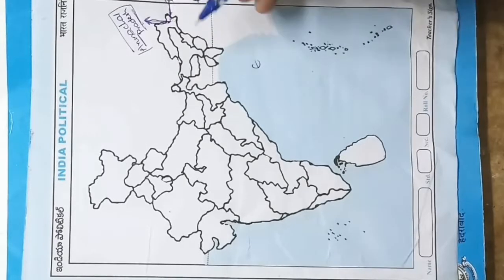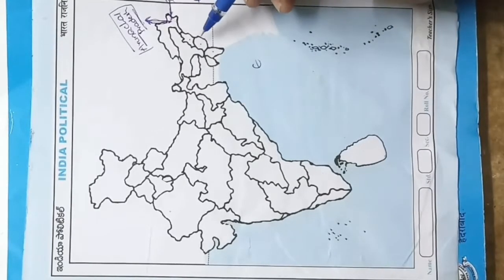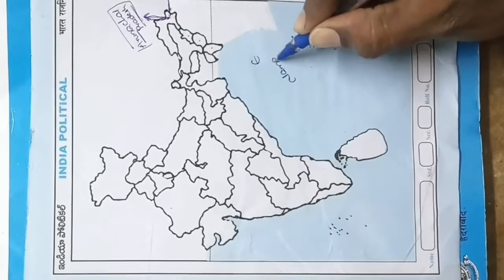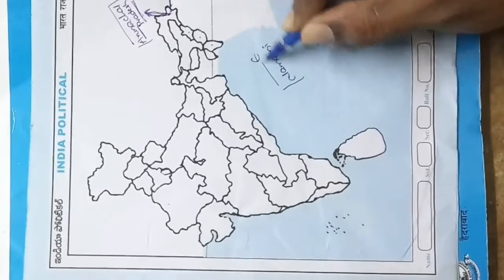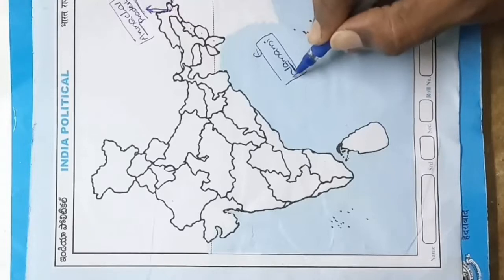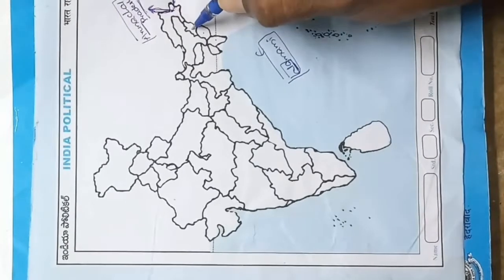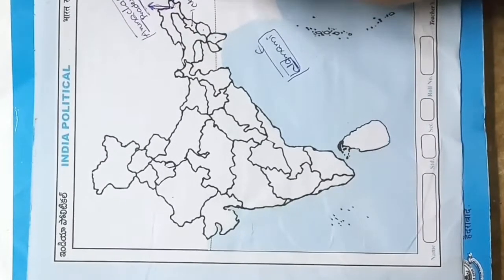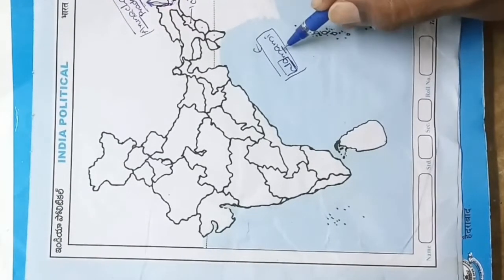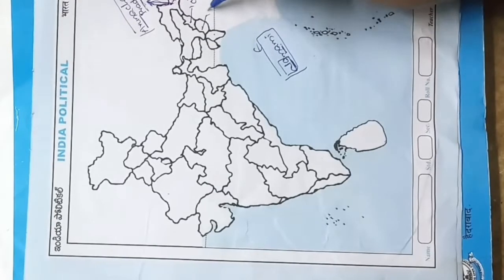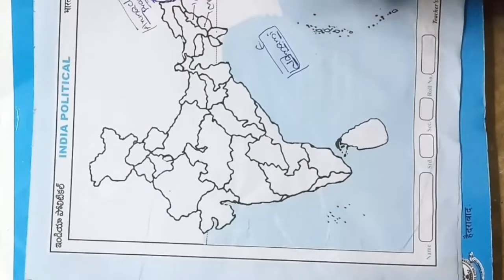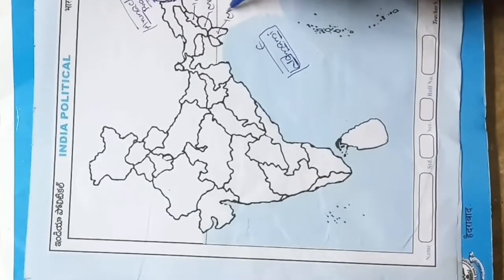And if you come down, these three states should be remembered with one shortcut. That shortcut is Namami. It's a well-known word in our India. The first two letters, NA, stand for Nagaland, the middle two letters, MA, stand for Manipur, and the last two letters, MI, stand for Mizoram.